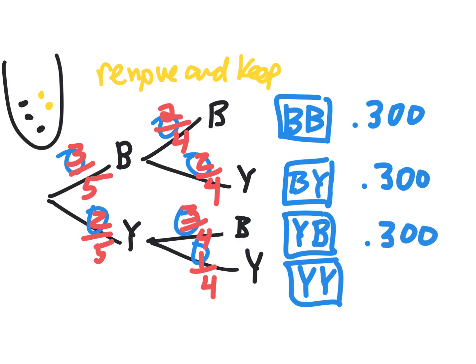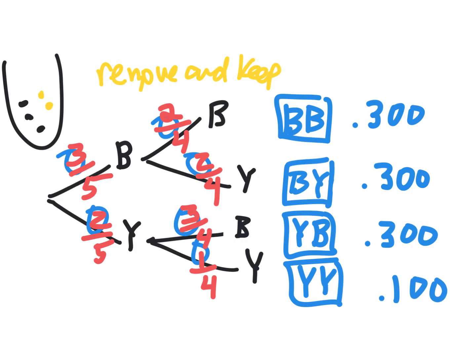And with all those 300s in a row, you might have been thinking, is the last one going to be 300 also? Is that even possible? No, because it has to add up to 100%. This last one, 2/5 times 1/4. I know it's going to come out to 0.1 because this has to add up to 100%.